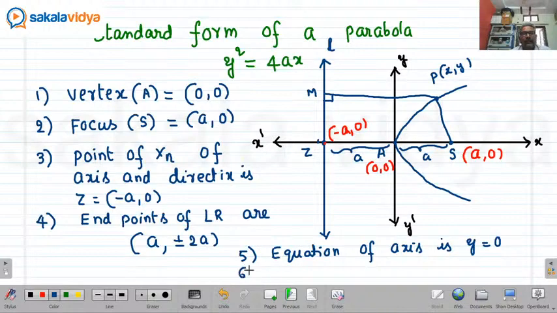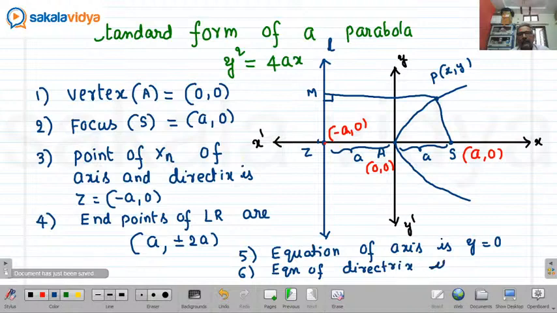Now the equation of the directrix is x equals minus a.